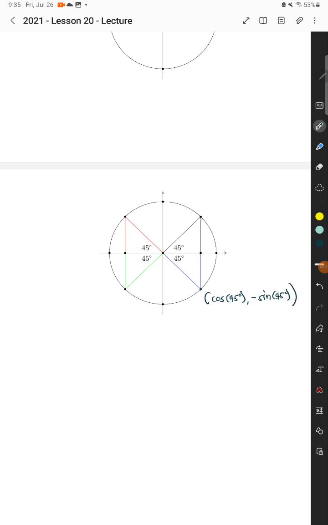Reflecting it about the y-axis, we get minus cosine of 45 degrees, we get this point here, and then sine of 45 degrees.